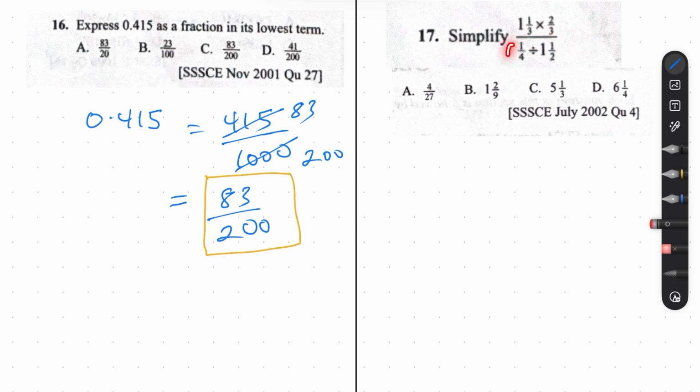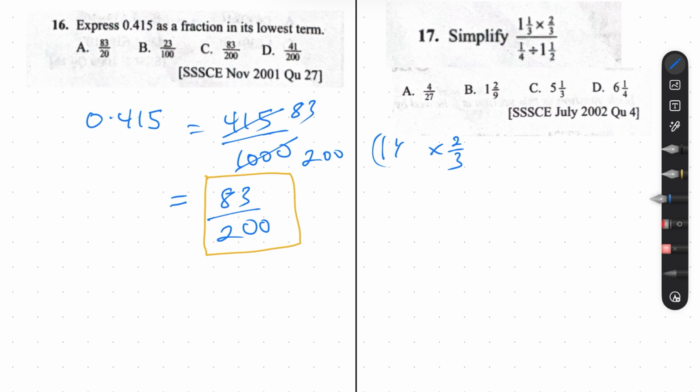And then we put this in brackets, and we also need to change the mixed fractions into improper fractions. So we have one whole number, 1 over 3, then times 2 over 3.